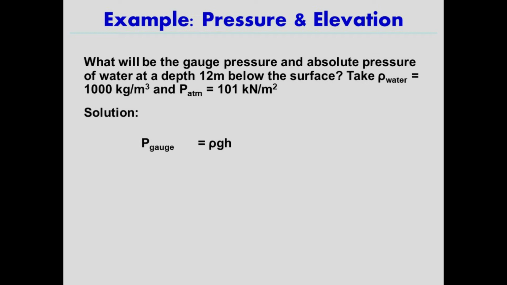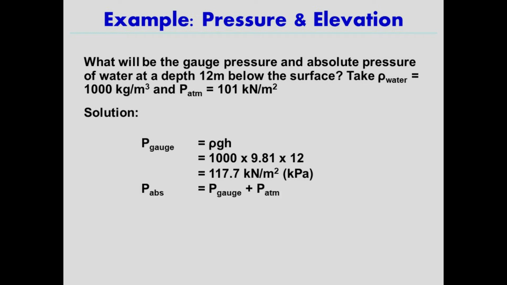To calculate the P gauge, we know that the equation is rho g h. The rho is 1000, g is 9.81, and h is 12. So we get the gauge pressure is 117.7 kilonewton per meter square, or kilopascal.